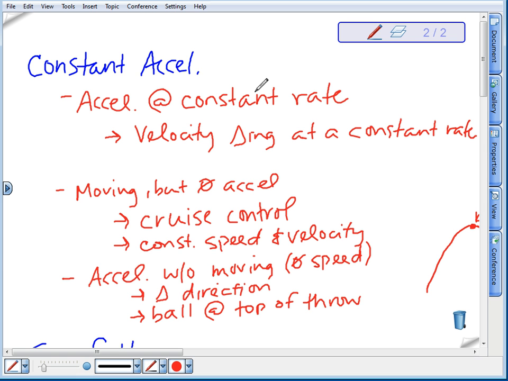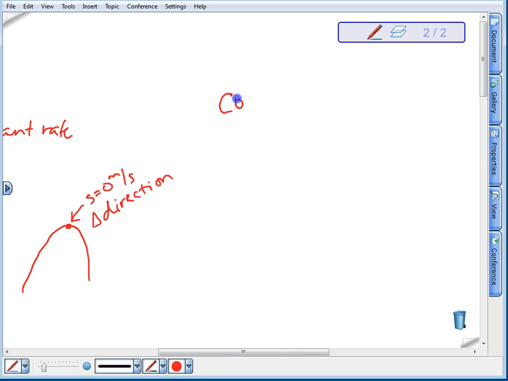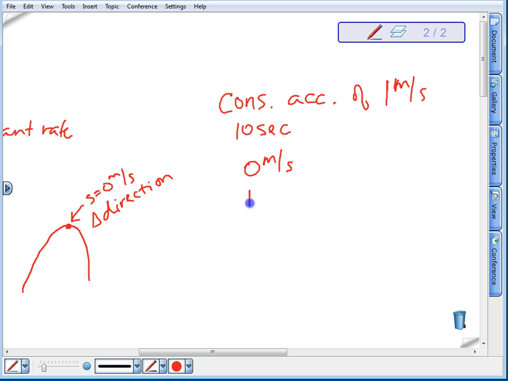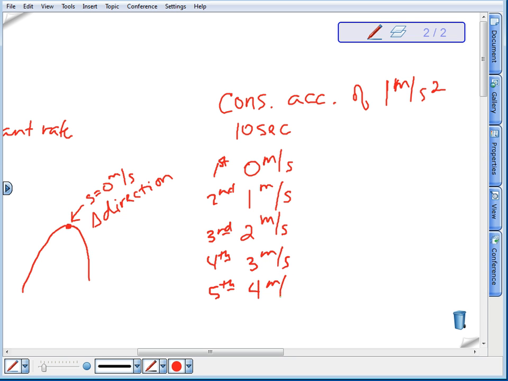So if you're accelerating by 1 meter per second squared for 10 seconds, starting at 0 meters per second, in the first second you're going 1 meter per second, and then you're going 2 meters per second in the second second, then you're going 3 meters per second, and then in the 5th second, you're going 4 meters per second.